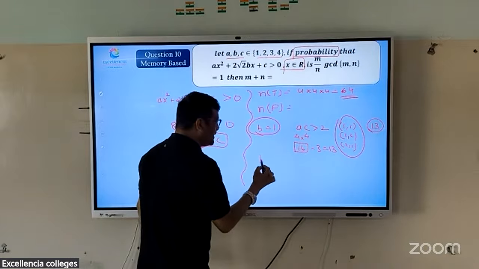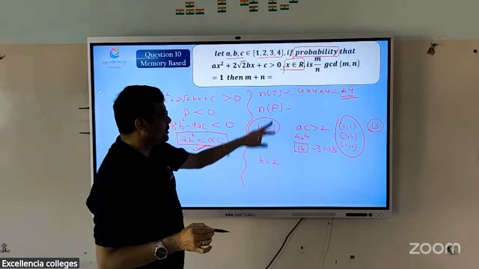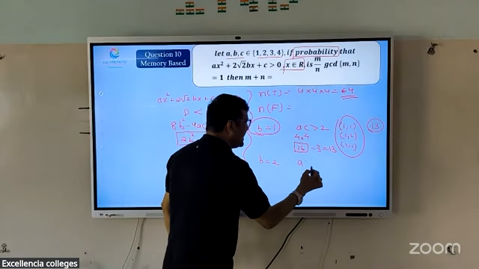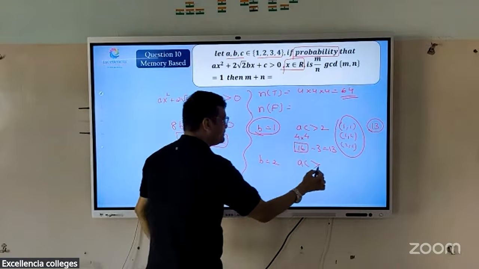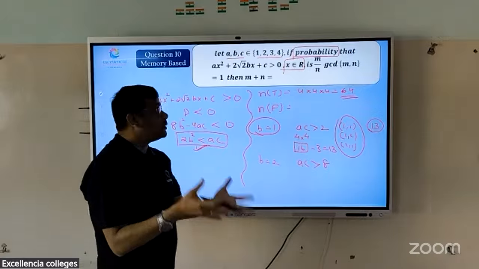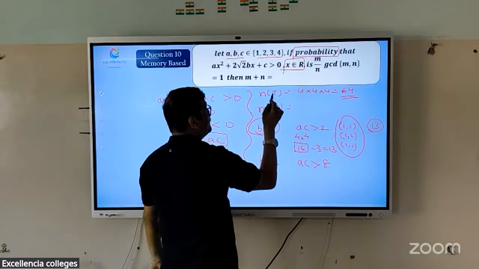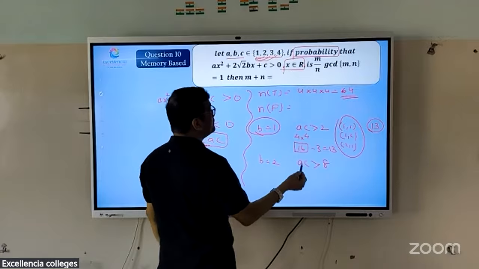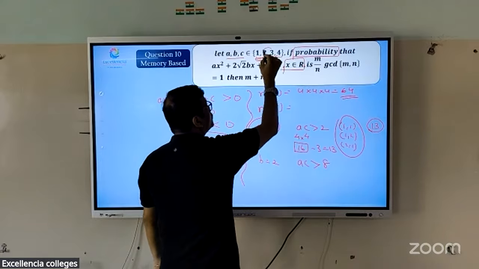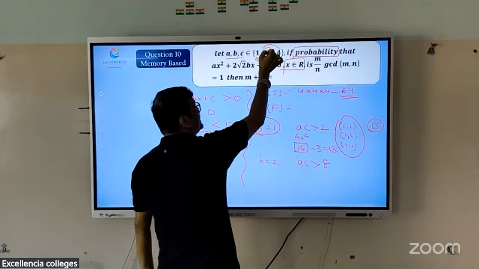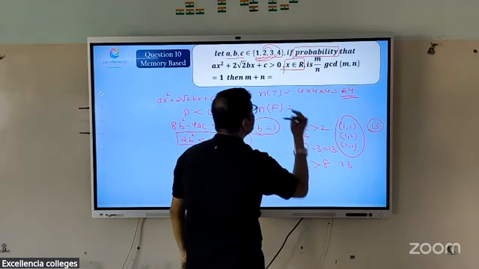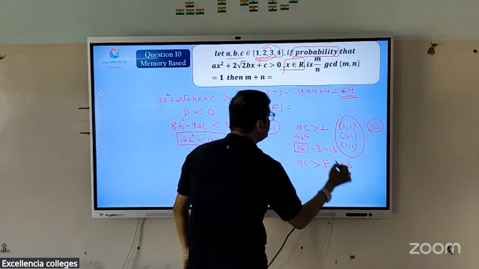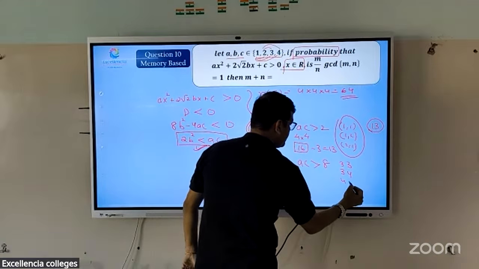Now I go for B is equal to 2. B equal to 2 will give me AC greater than 8. Counting: (1,2), (1,3), (1,4) and (2,3), (2,4) is 8, not possible. Then (3,3), (3,4), (4,3), (4,4).